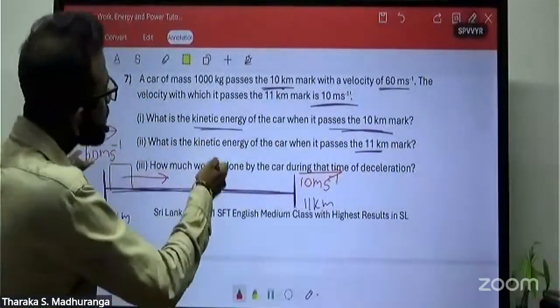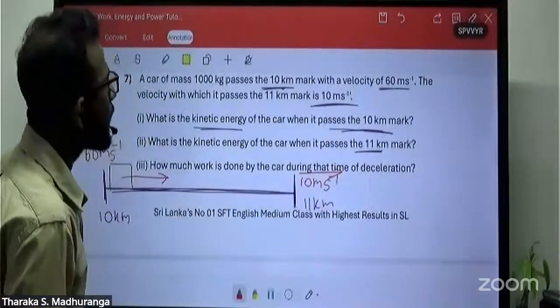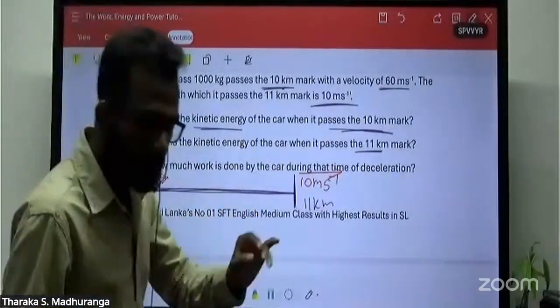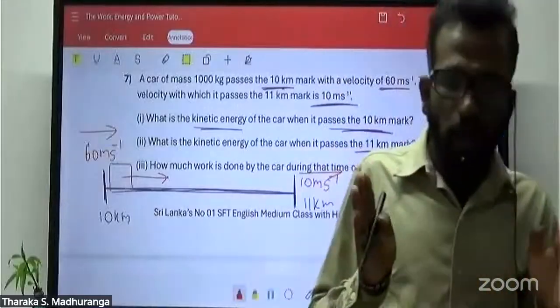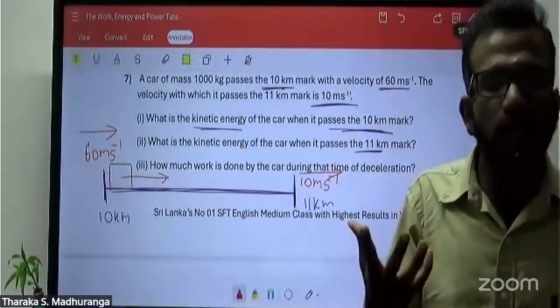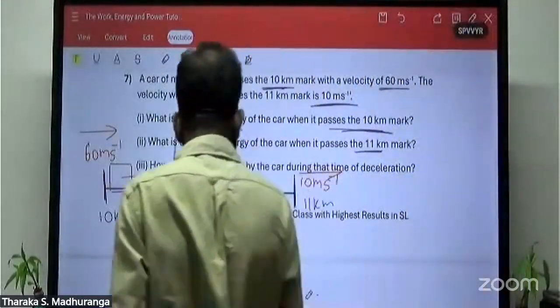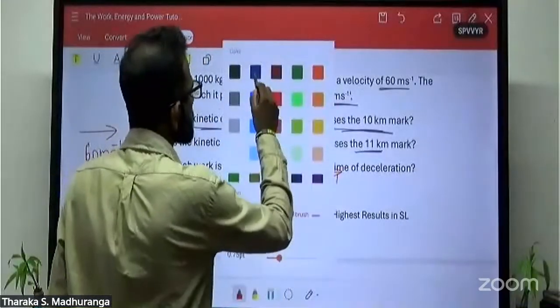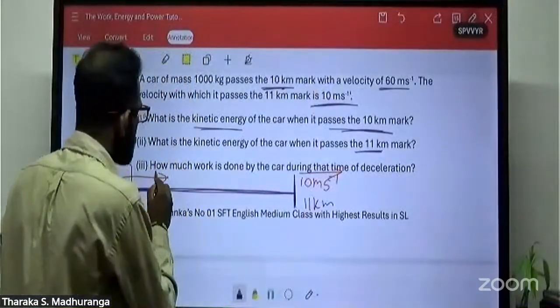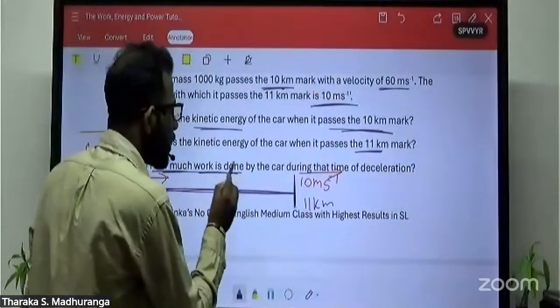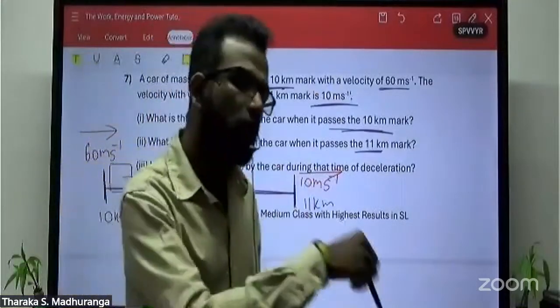How much work is done by the car during that time of deceleration? That means within this 1 kilometer, how much work is done? Actually, I explained this same thing. How do we get it?